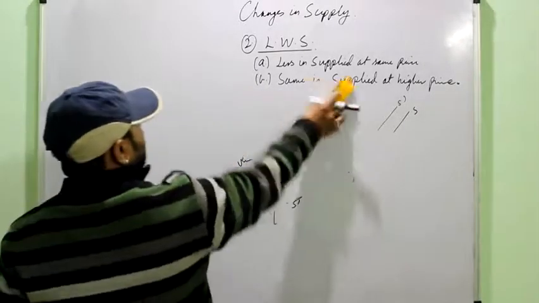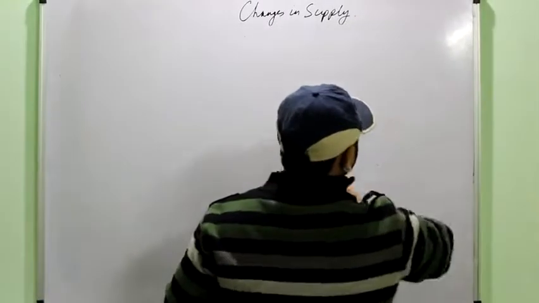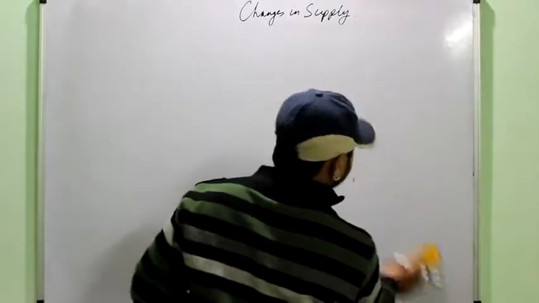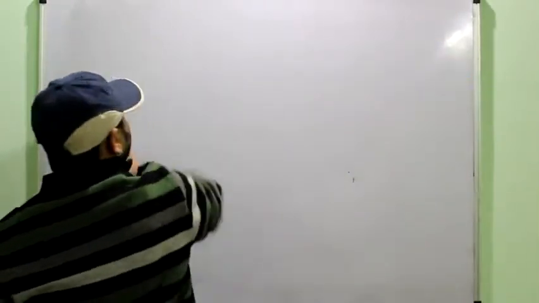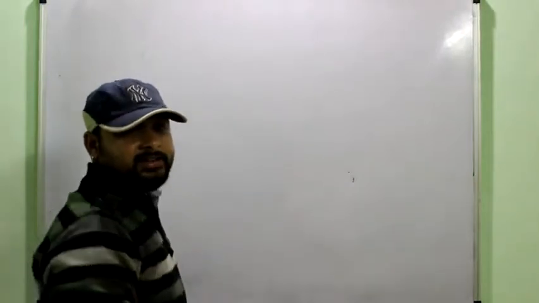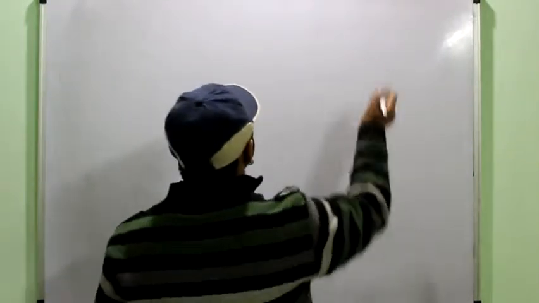Okay, so now after understanding the leftward and the rightward shift, we have to move on to the next topic of discussion, that is the elasticity of supply. Remember, we have already done the elasticity of demand, right? It is the degree of responsiveness of demand to changes in price.